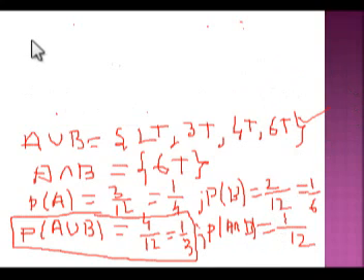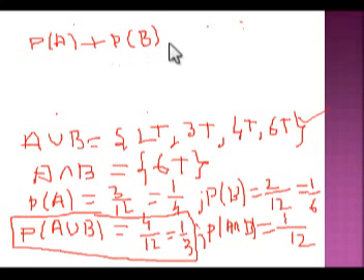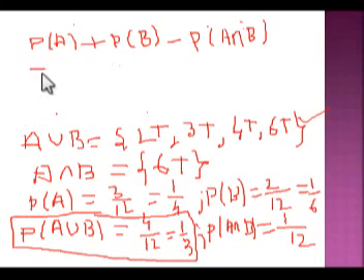Probability of A plus probability of B minus probability of A intersection B. I put the values and calculate. Is it equal to probability of A union B or not?